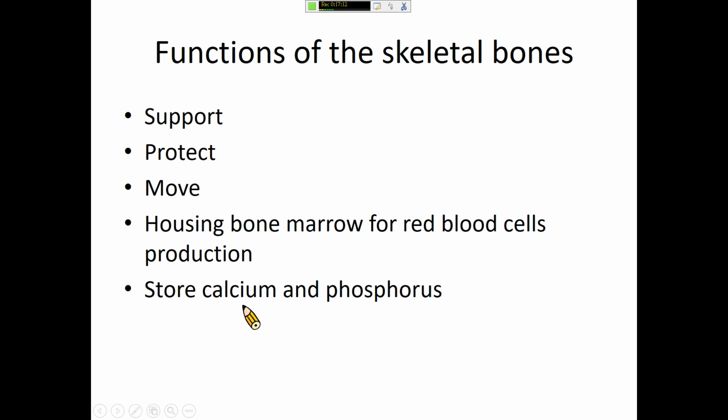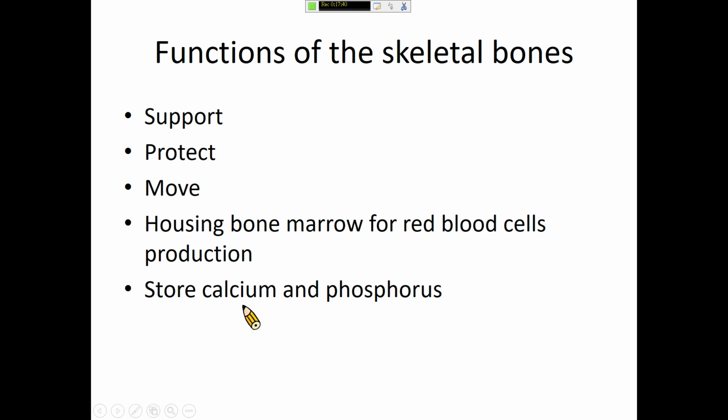And once you're sent to space, a couple weeks, what's going to happen? Because it's weightless up there, you don't need the support. Your body is so smart. So you'll be losing your calcium because you don't need it.